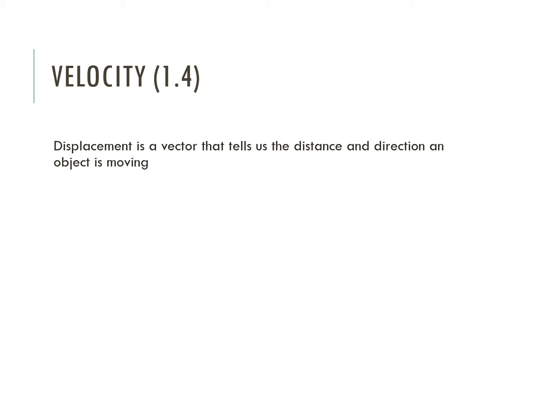And so if we take that displacement and we divide it by the amount of time between those two points, we get what is referred to as the average velocity. So this equation here is our equation for average velocity as a vector. Because displacement is a vector and time is a scalar, we're just dividing by a number in this case. Our resulting value is going to be a vector, v standing for velocity.